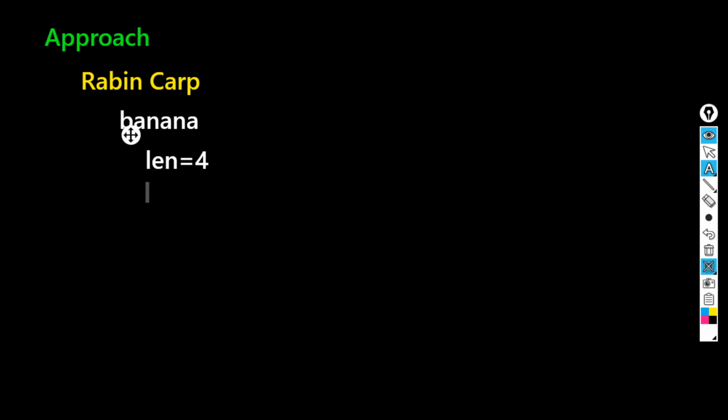Now we first have to consider the first substring. Let it be BABA. If we find the integer value of BABA, for that, first we have to consider a prime number. So it will be 3.